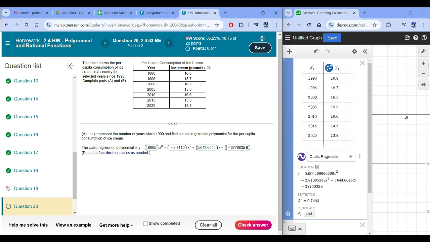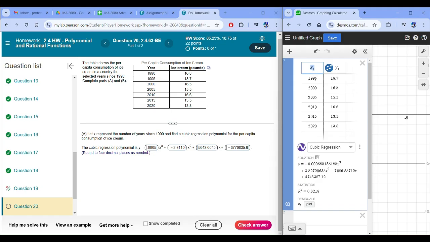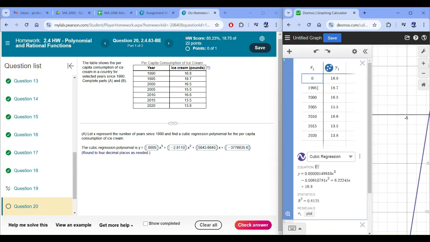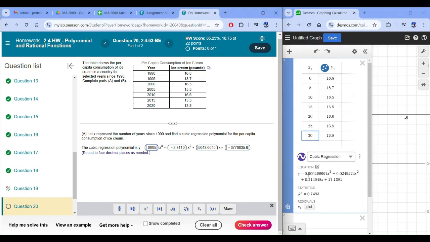1990, 95, 2000, 2005, 2010, 2015, 2020: 13.8, 13.5, 16.6, 15.5, 16.5, 18.7, 16.8. I'm looking for, let x represent the number of years since 1990, so 0, 5, 10, 15, 20, 25, 30. Yeah, now let's get a new regression.